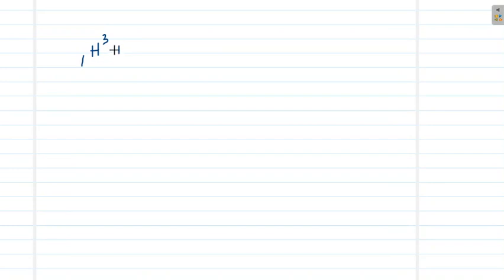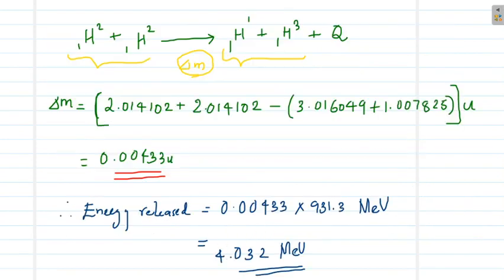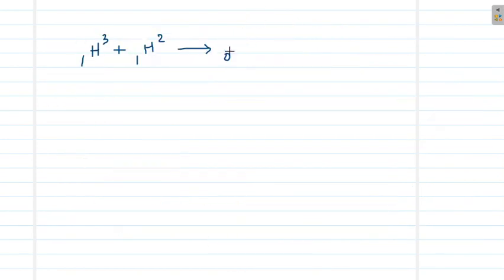So 1H3 plus a deuteron, 1H2, will give a neutron and a helium. So neutron, 0n1, plus helium, 2He4, plus a large amount of energy.